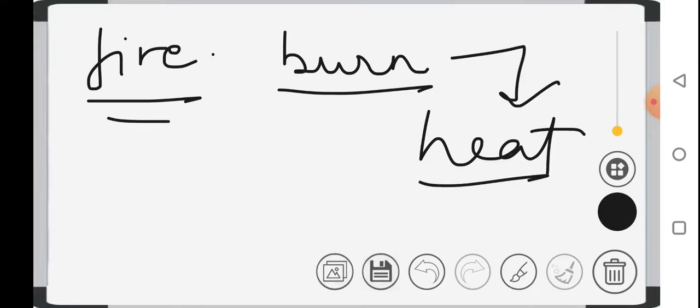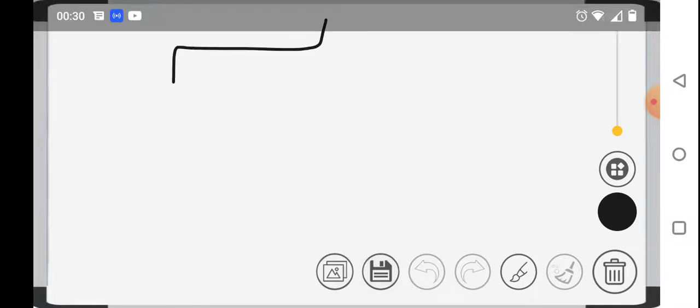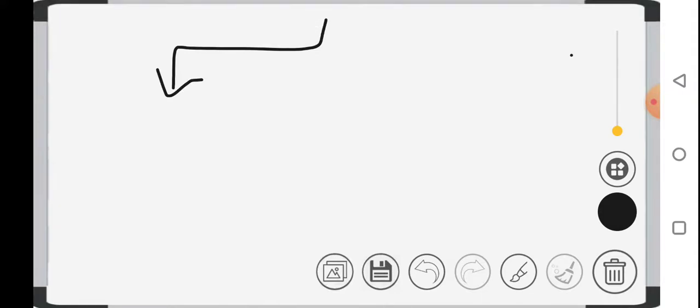Now, if I talk about fire, or the things which can be burned, or the substances which are combustible, on the basis of this, I can divide the substances into two parts. What are those two parts? They are inflammable substances and non-flammable substances.